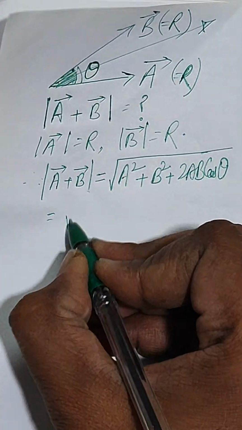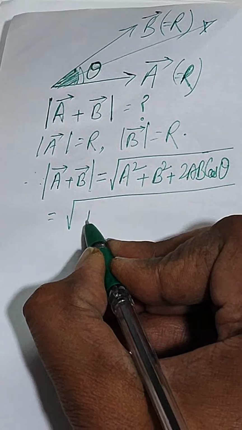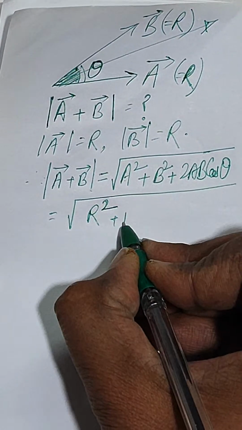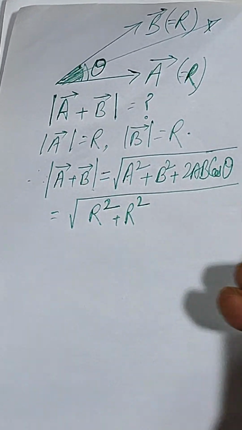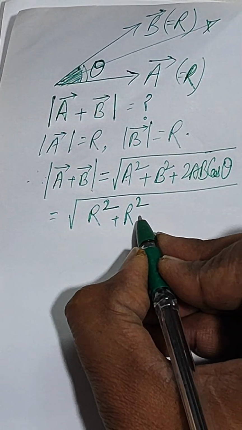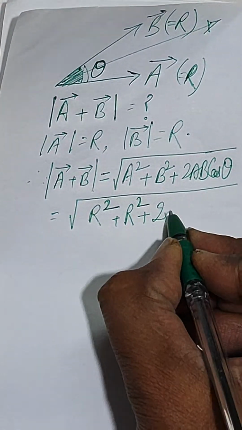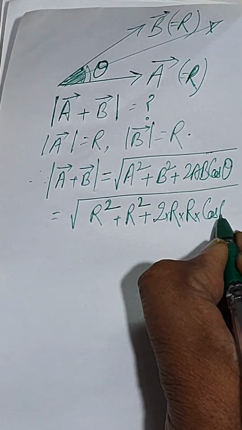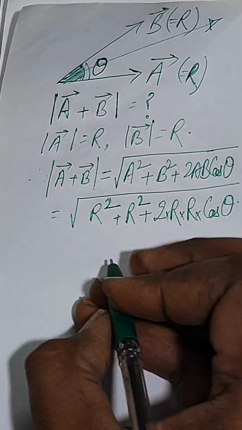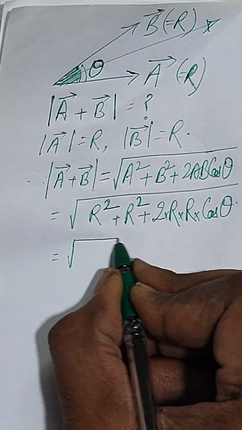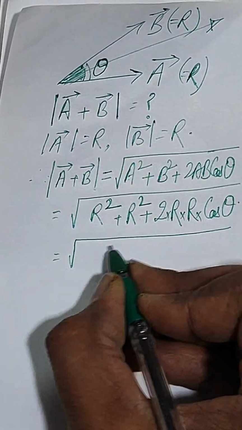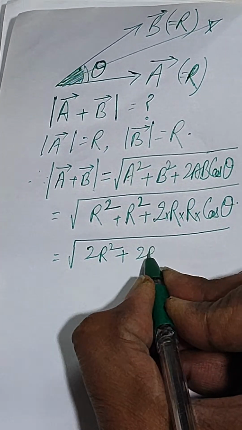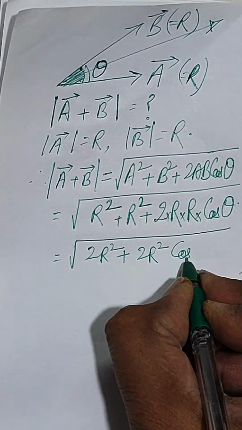So A square is nothing but R square. B square is nothing but R square. And 2AB, that means 2 into R into R, into cos theta, right? This can be written as 2 times R square plus 2R square cos theta.